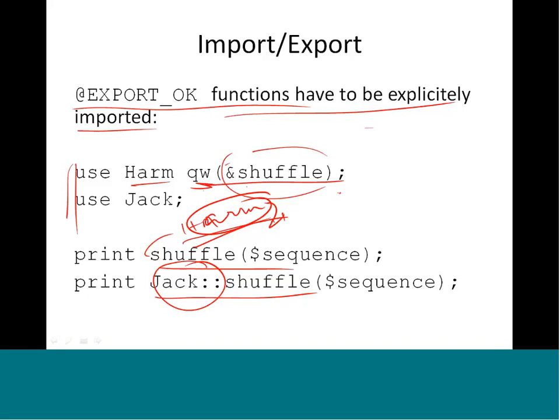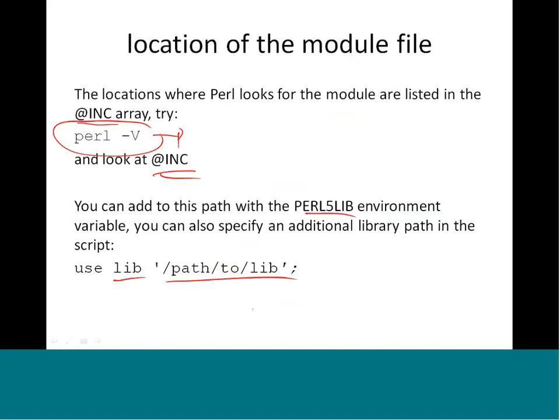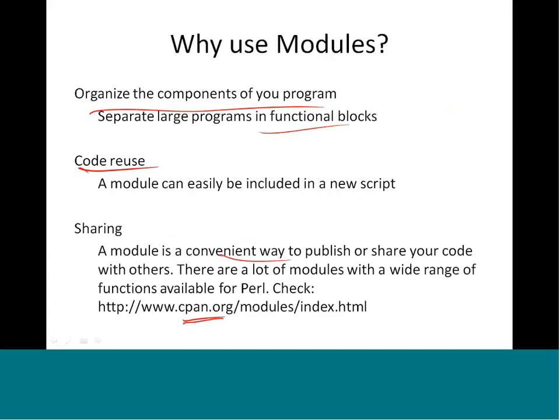Once we say that this is the subroutine with this package, we don't have to specify the harm anymore, because it also matches the export OK, and then we continue with that process. Then we talked about the locations, and how to look at the libraries, and then we talked about why we use modules.